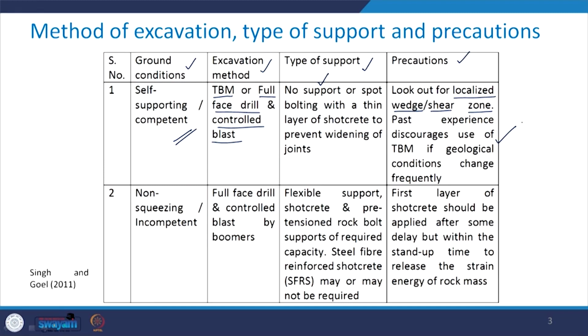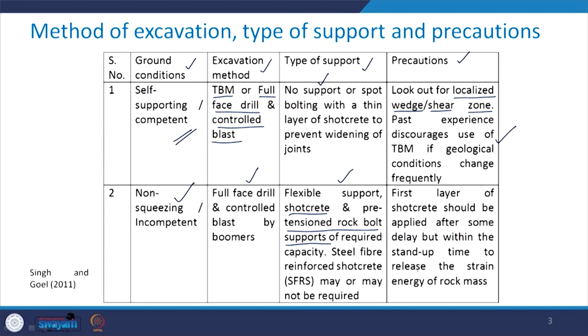Coming to the next ground condition, which is the non-squeezing or incompetent ground. In this case, full face drill and controlled blast by boomers is what is recommended. One needs to have the flexible support, shotcrete and pre-tensioned rock bolt supports of the required capacity.